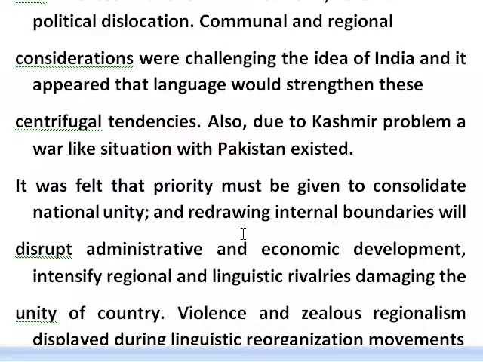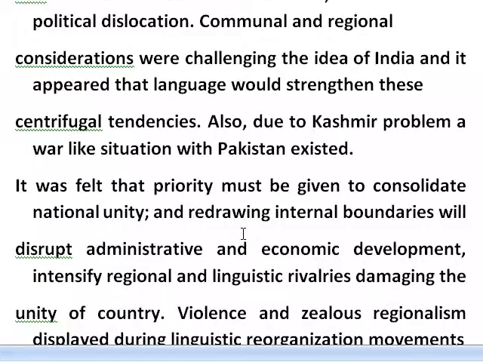Also, due to the Kashmir problem, a war-like situation with Pakistan existed. It was felt that priority must be given to consolidating national unity, and that redrawing internal boundaries would disrupt administrative and economic development, intensify regional and linguistic rivalries, damaging the unity of the country.